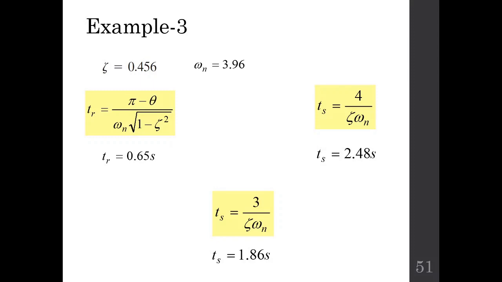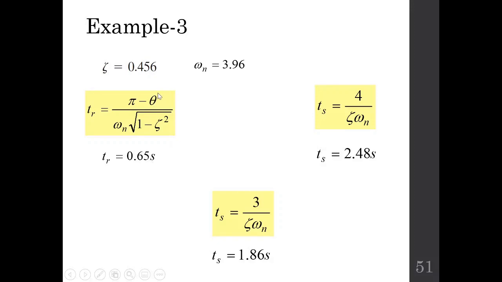Next, we'll find out the rise time and settling time by using the values of zeta and omega n. The rise time is equal to pi minus theta divided by omega n under root 1 minus zeta squared. Putting the values of zeta and omega n in this equation, we found rise time equals 0.65 seconds.